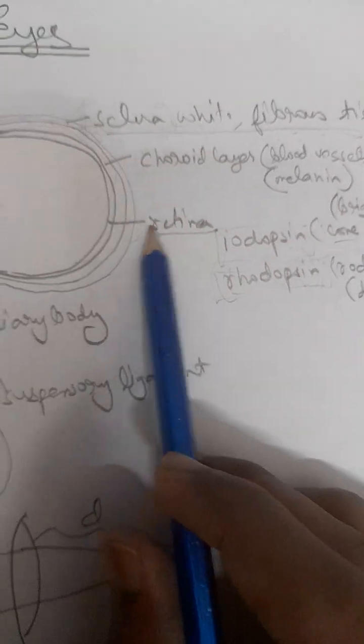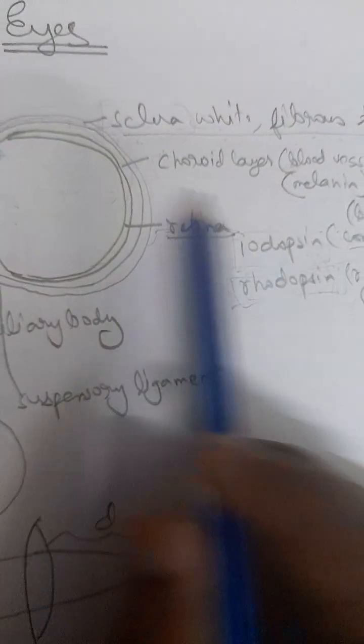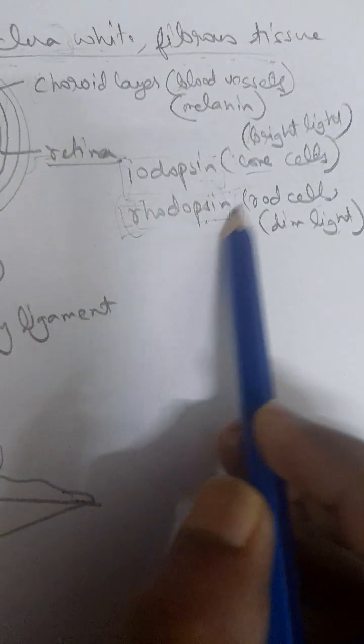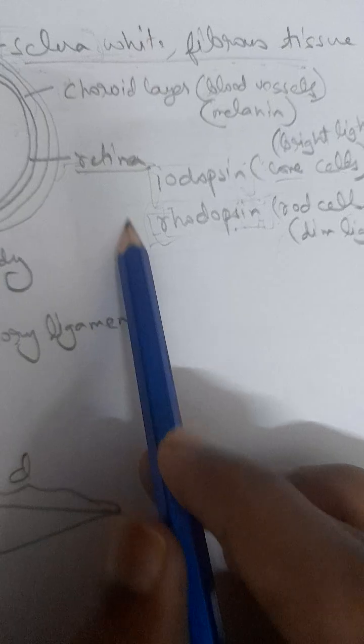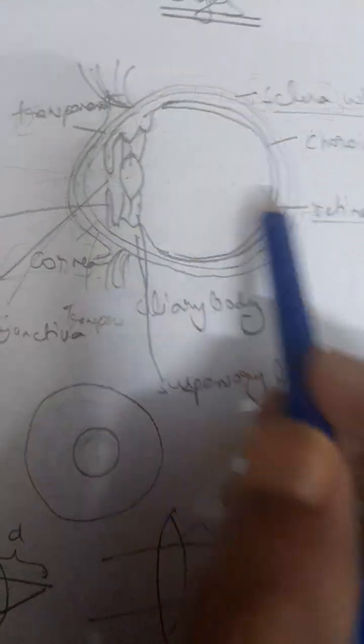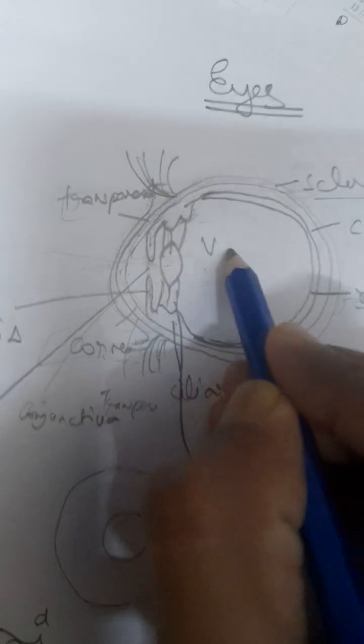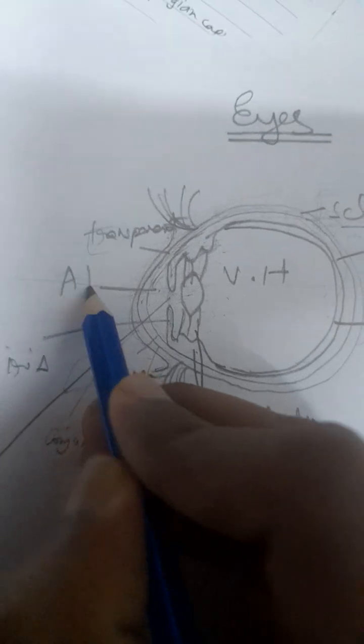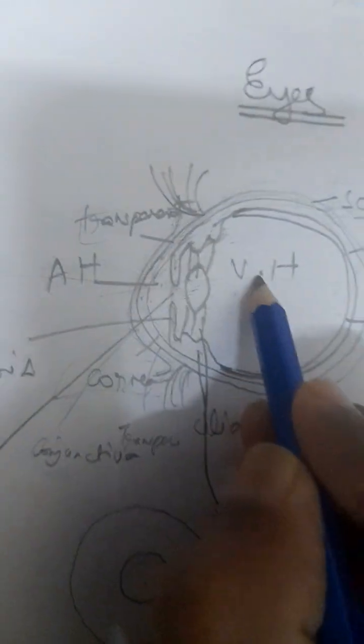So this is all the function of the retina. What is the retina? It is the innermost layer, and it contains two chemicals, iodopsin and rhodopsin, which help in the sensation of seeing things. Now inside the retina there is vitreous humor, and here this blank space we have aqueous humor, and here we have vitreous humor.